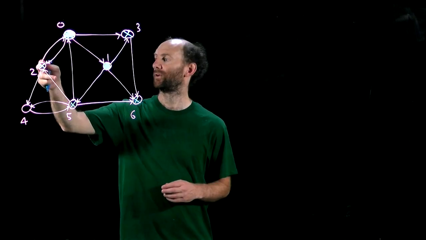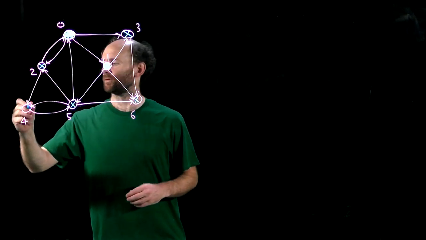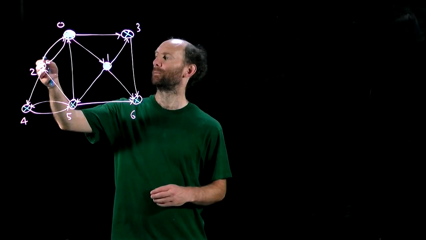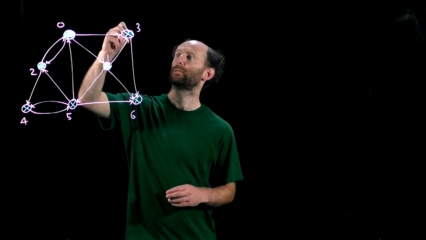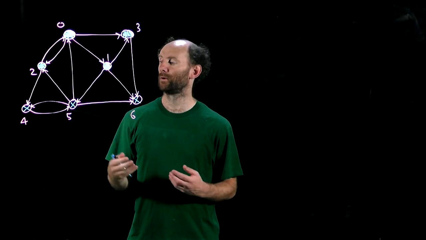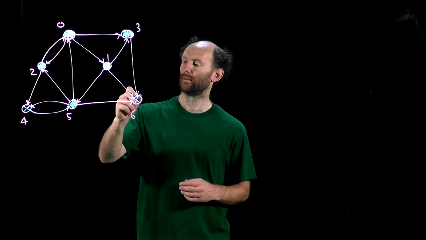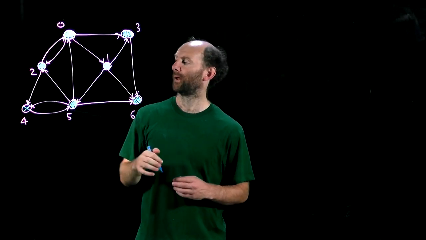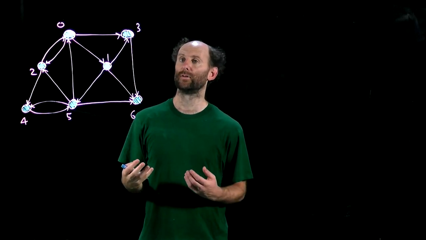We'll look at 2, we'll see if it's got any white out-neighbours. Yes, it has, it's got one white out-neighbour. Then we'll look at 2, we'll colour that black, we'll colour 3 black. The next one to turn grey was 5, colour 5 black, then 6, and then lastly 4. And that completes our traversal.